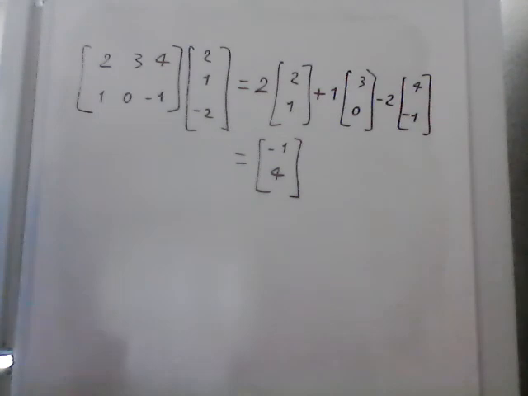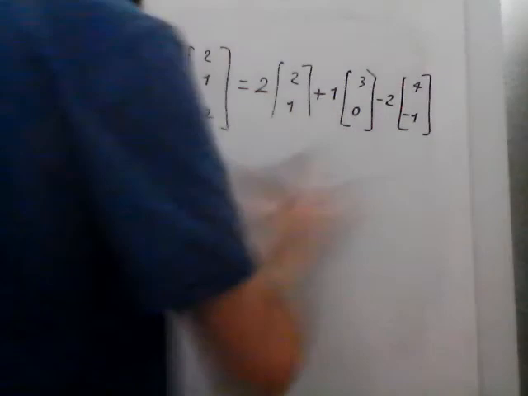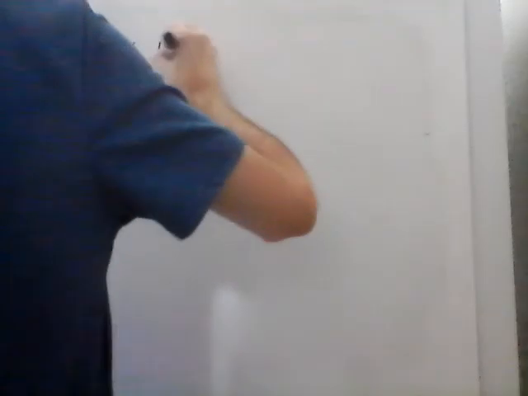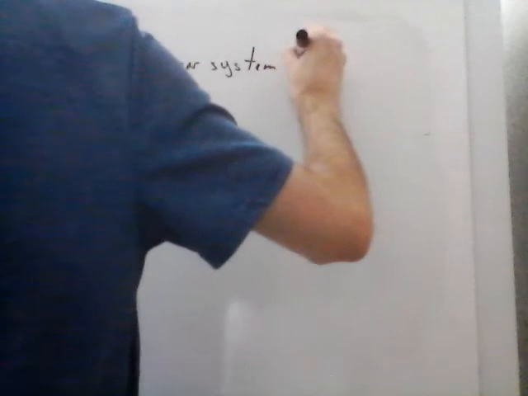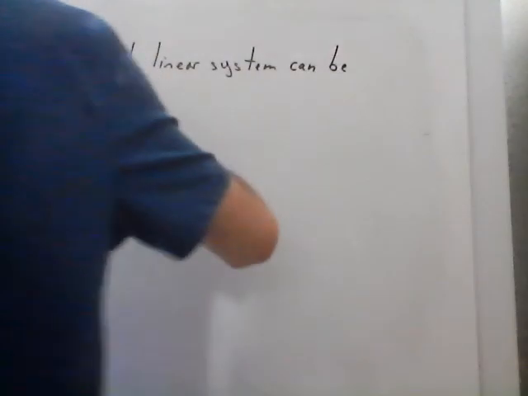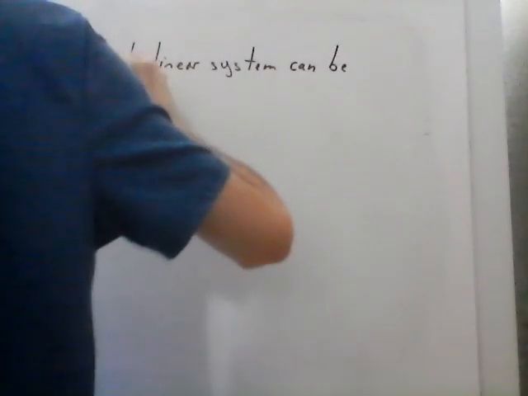Okay, so let's now connect matrices with linear systems. There's a way to write each linear system that we call matrix notation.